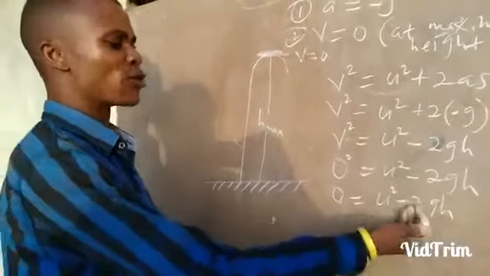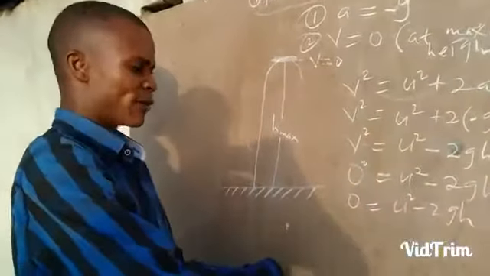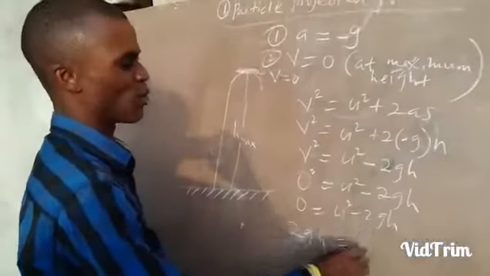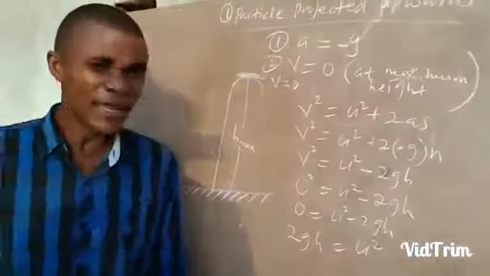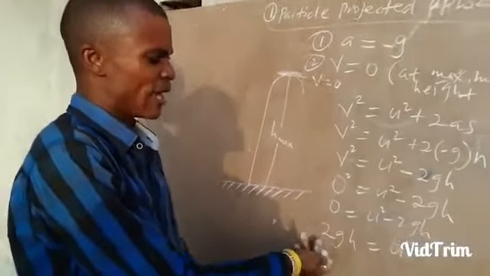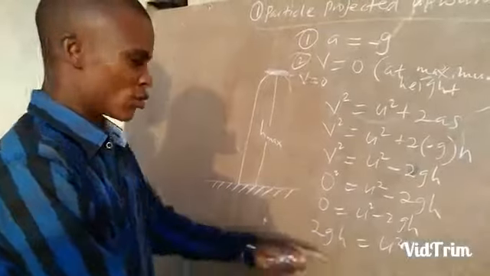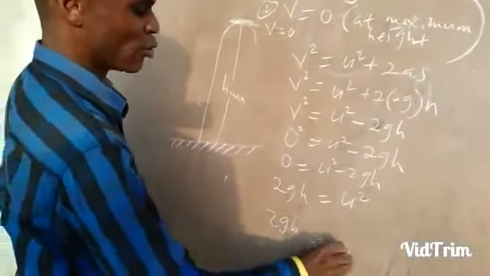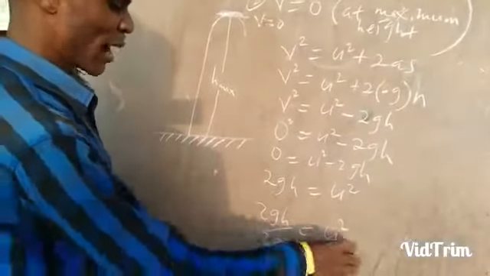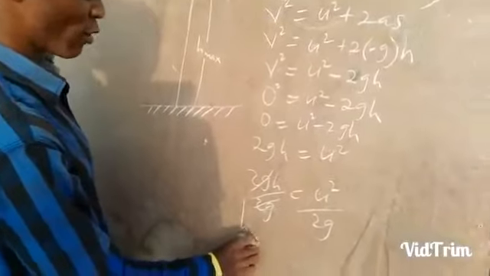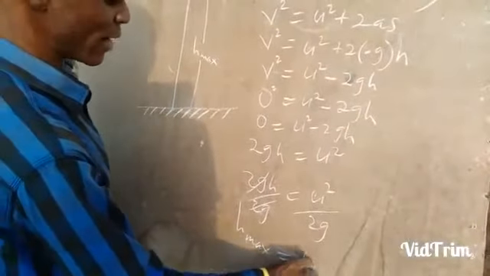If I take minus 2gh to the left, it becomes positive 2gh, and that equals u square alone on the right. Now I am interested in h. The only way I can get h here is to divide both sides by 2g. So 2gh equals u square; I divide here by 2g, and I also divide here by 2g. So the h that I have got is what we call maximum height, and that is given by u square divided by 2g.